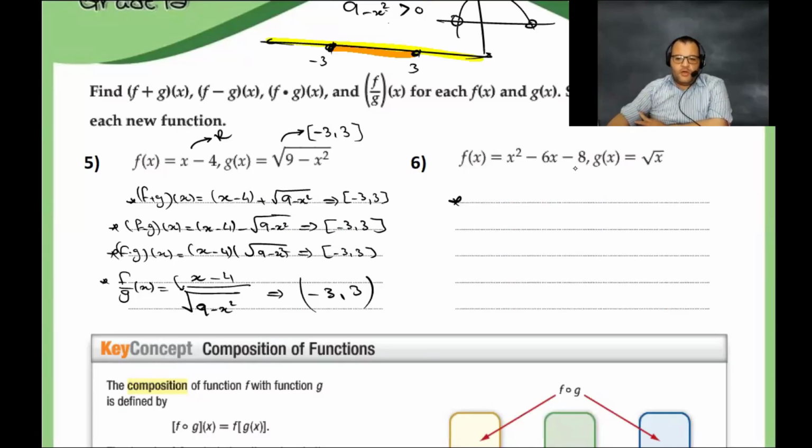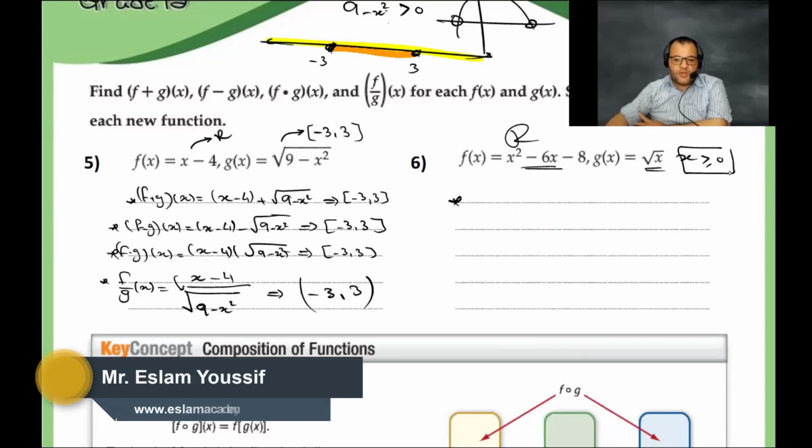Okay, so listen, please, for this one. What is the domain for the first one? R. What is the domain for the second one? X is greater than or equal to 0. So for adding, there is no problem, and for subtracting, there is no problem. The domain for adding and subtracting will be x greater than or equal to 0.